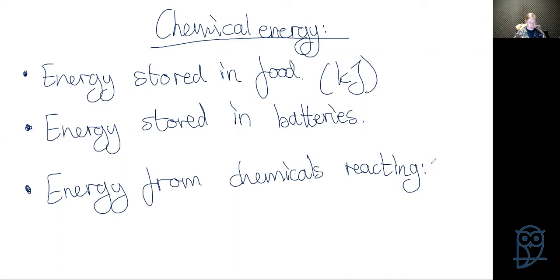The first kind, which your book talks about quite a bit, is exothermic reactions. A reaction that lets heat off is called an exothermic reaction. And the other way it can release energy is in the form of pressure from gases.